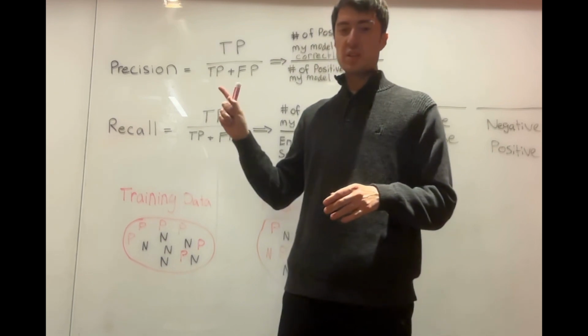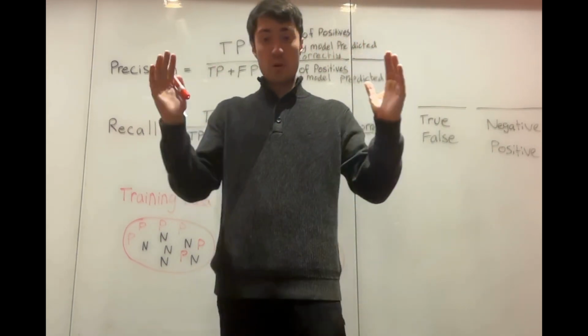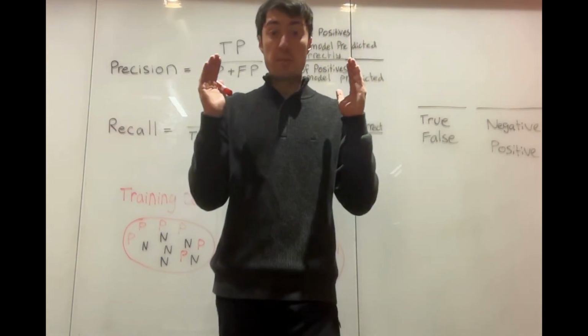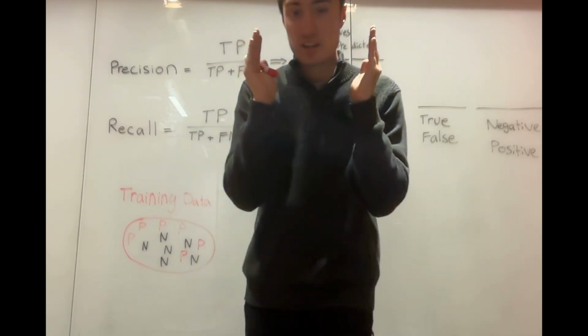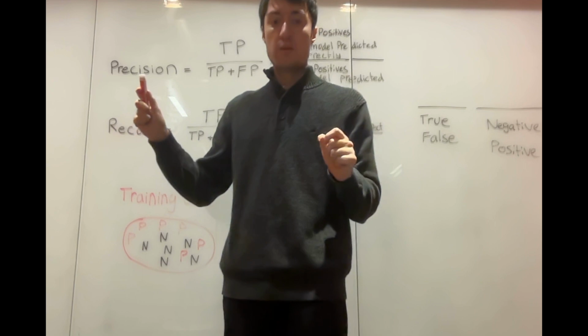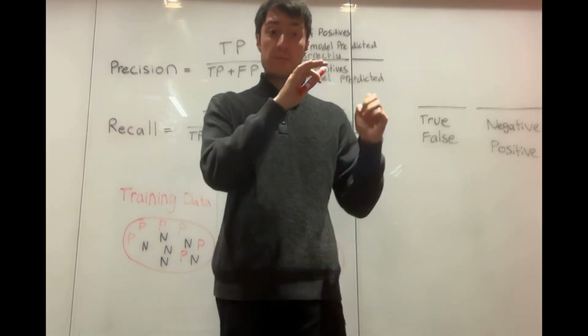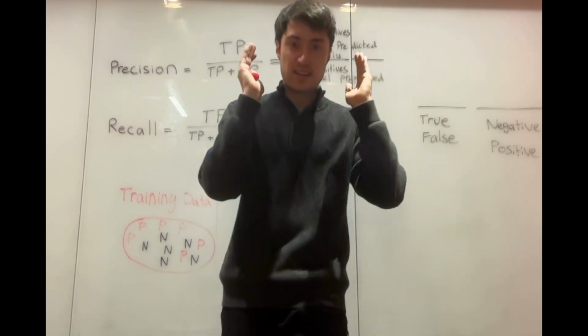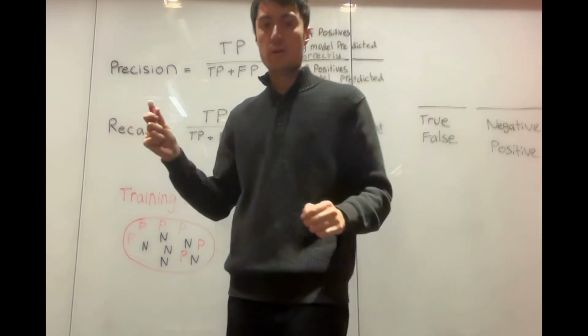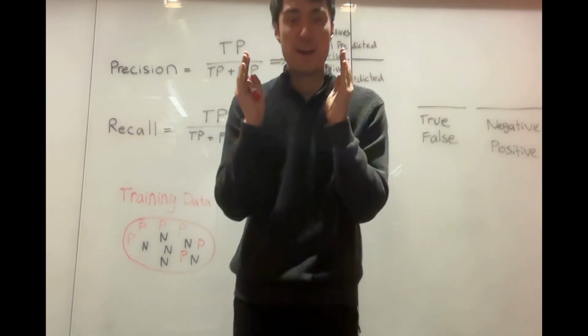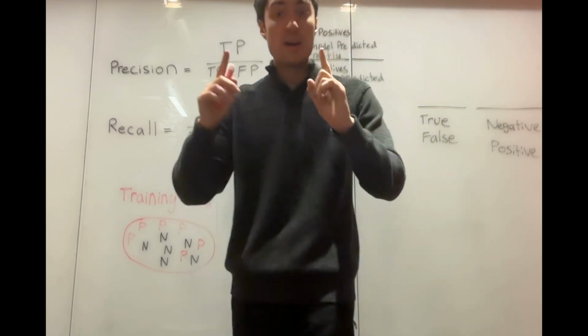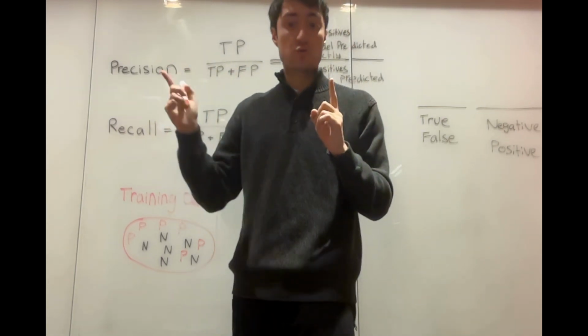So, precision is going to be out of how many that my model predicted as having cancer. Okay? Recall is out of all of the people who actually had cancer. Okay, so that's how you can just remember that.